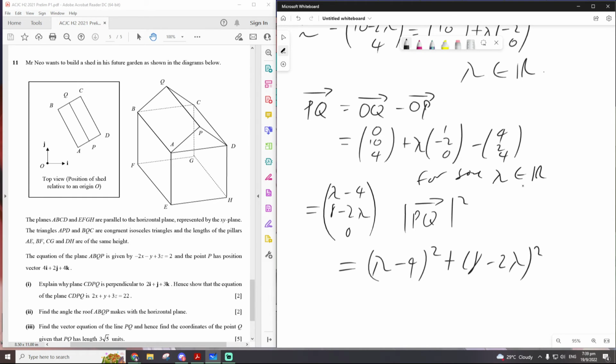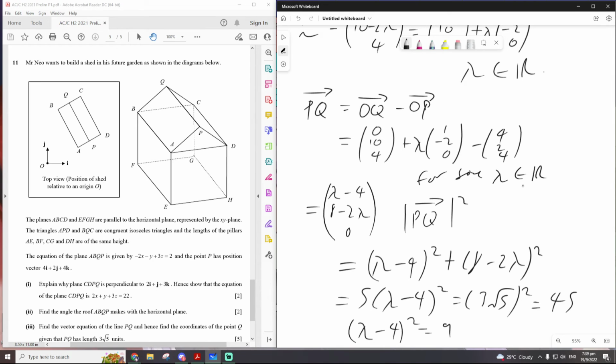And this is actually the same thing as lambda minus 4 squared times 4. So this is 5 times lambda minus 4 squared, which is 3 root 5 squared, which is 45.